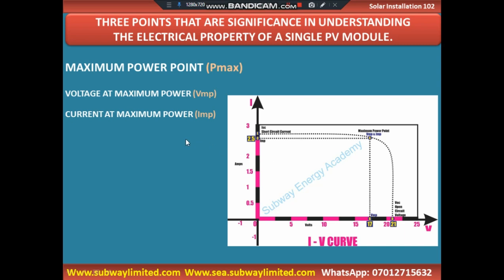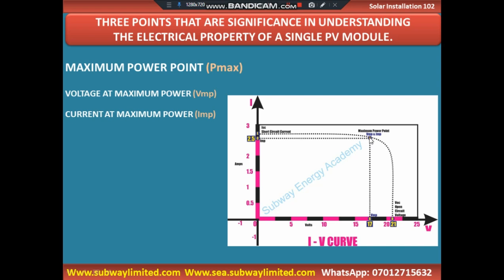And when you have your maximum voltage at that particular point and you have a maximum current at that instant, if you multiply the two figures, that will give you your maximum power.